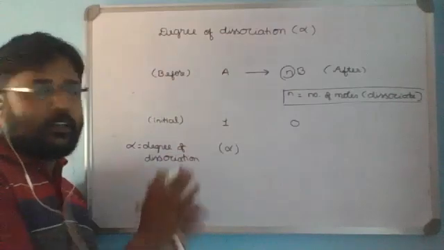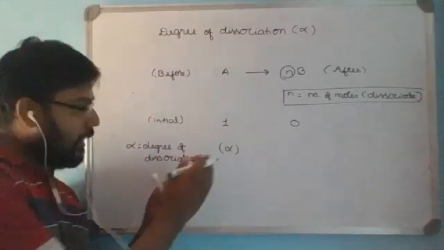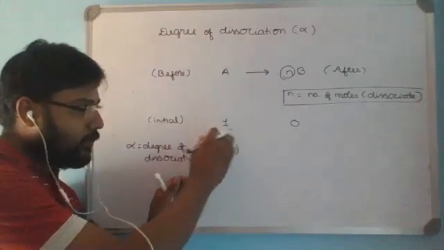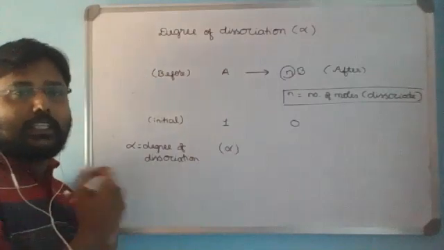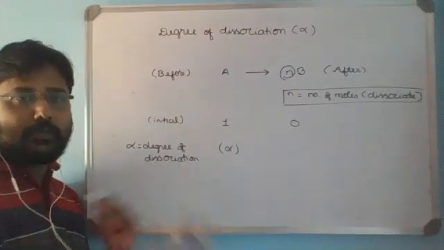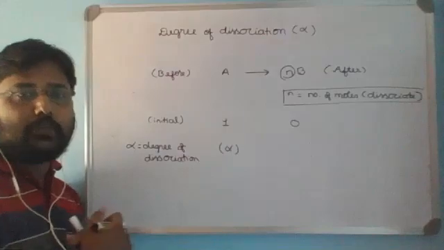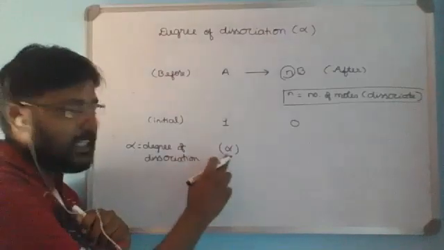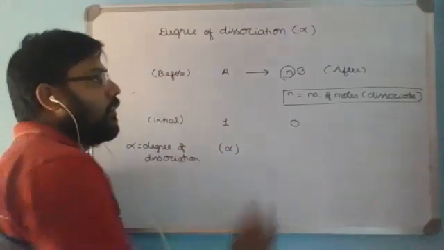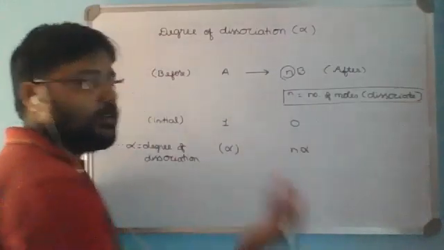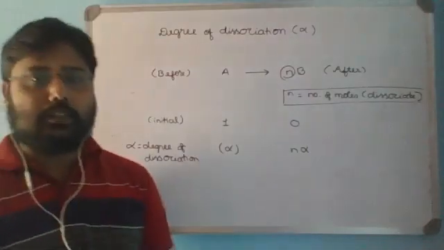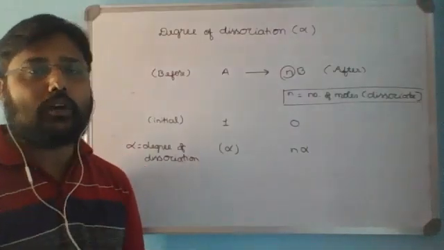So 1 is the initial number of moles, and alpha moles out of 1 undergo dissociation. It may be 30%, 40%, 50%, whatever the percentage of dissociation is, we take it as alpha. Now n alpha moles of B is formed, that is, the dissociated ions are formed.